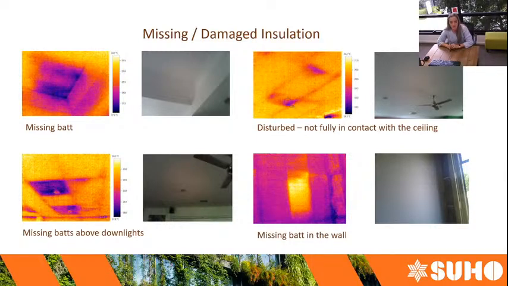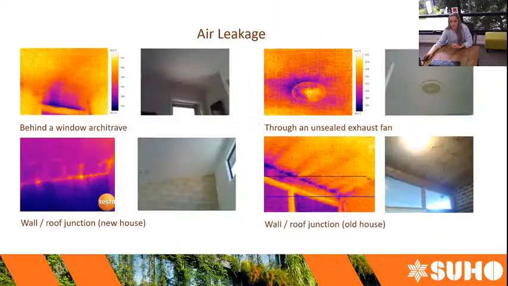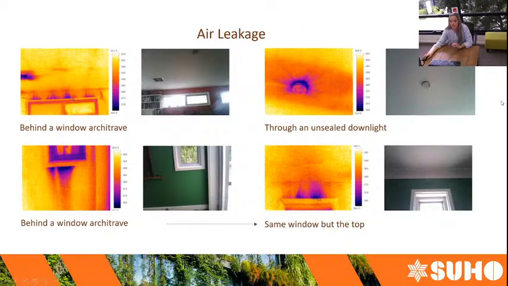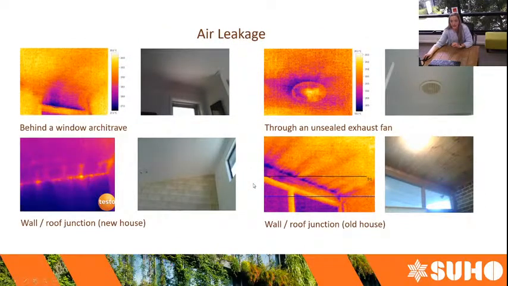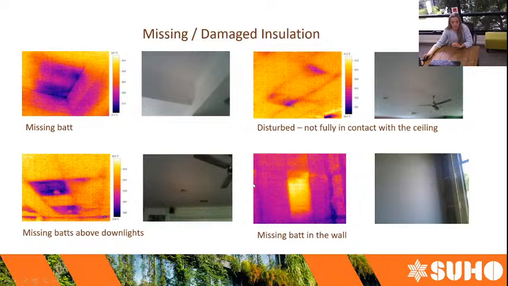And when you've got this much insulation missing, and similar to this client here, where they had 15, 20 downlights in their living room. I tested a house yesterday that had 34 downlights in their living kitchen area. If you've got insulation missing over every single one, that's a lot of heat you're losing through your ceiling. This top right picture is not a missing insulation batt.